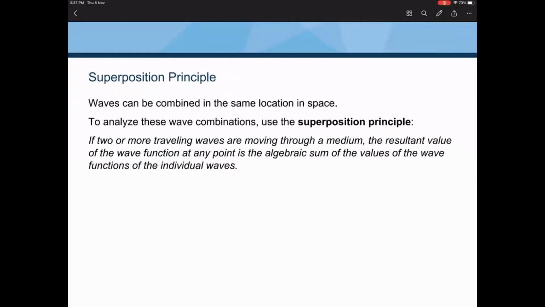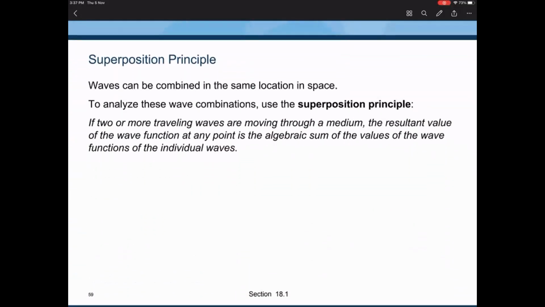Firstly, in order to talk about the standing wave and the beats, we actually should introduce the concept of the superposition principle. Now, I believe that this is something you have learned before, but just as a quick summary, here is the verbal description of the superposition principle.